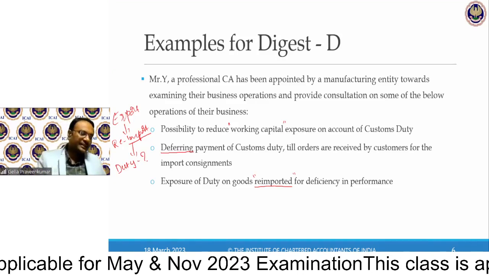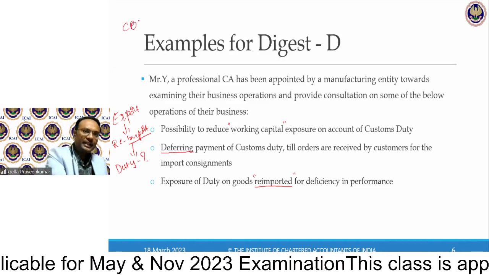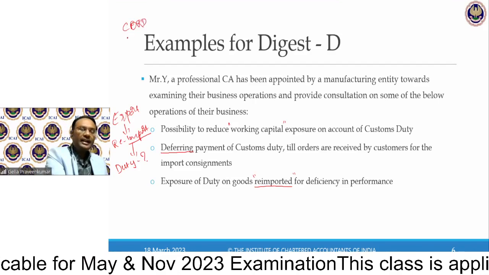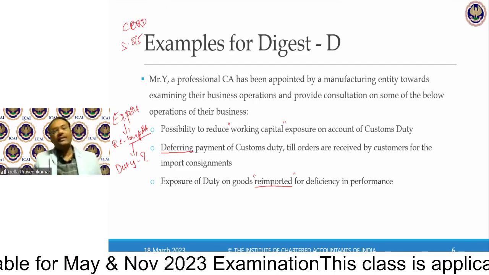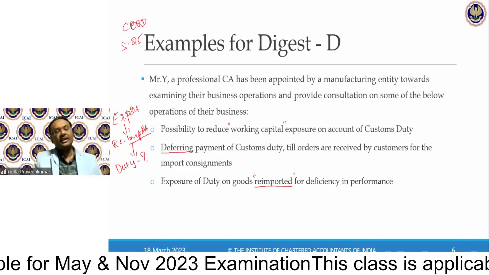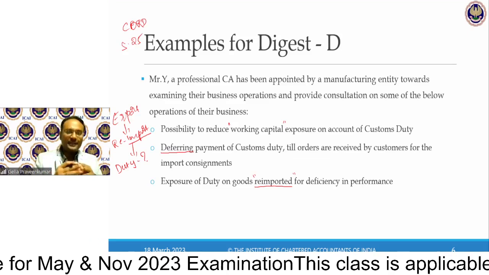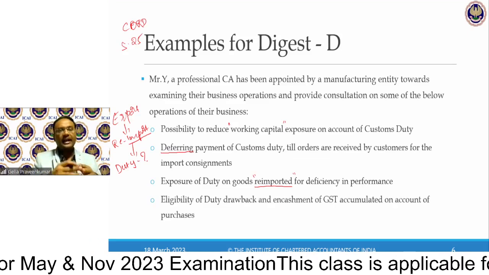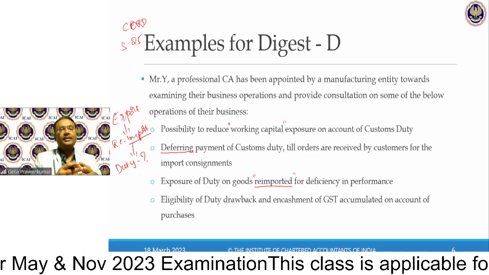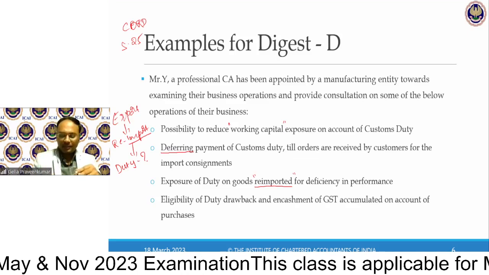So we have something called rules where you have a concession rate of duty, and there is an exemption notification under Section 25, which deals with this mechanism. In what circumstances can we get the goods back into India, and what is the time limit within which we have to address it? Last but not the least, eligibility of duty drawback and encashment of GST accumulated on purchases.